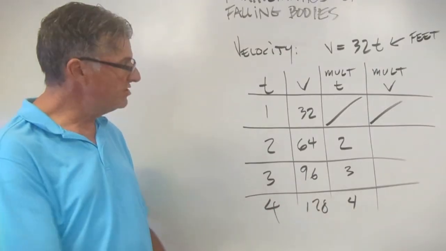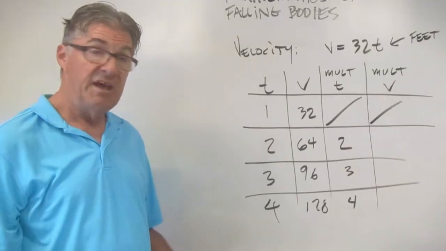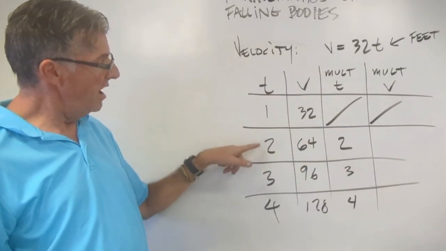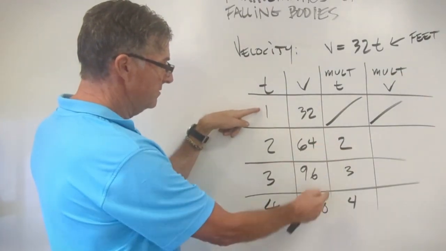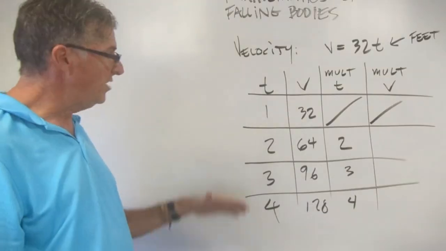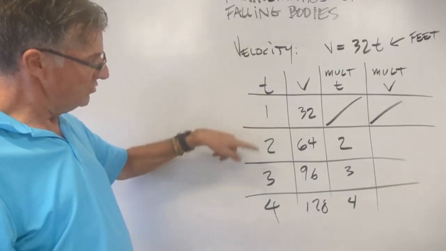So this is what happens to velocity as you go from 1 to 2 to 3 to 4 seconds. Okay, so our time multiplier is just the same as the amount of seconds. So we multiplied this by 2, we multiplied this by 3, we multiplied it by 4. So the time multiplier, we're just multiplying that first time by 2, 3, and 4.